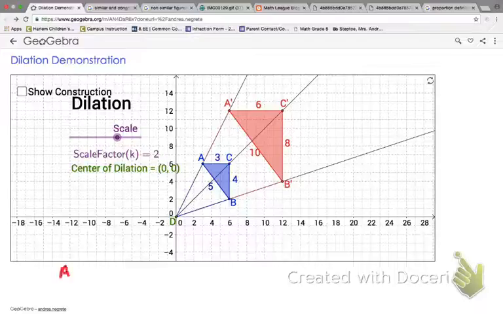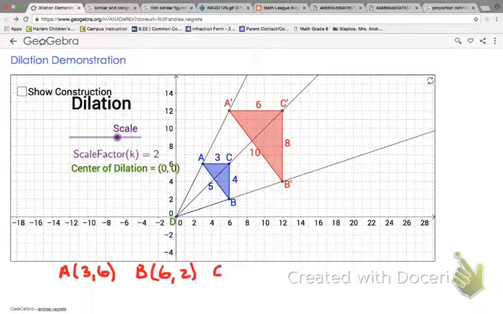So point A on our graph is at 3, 6. Point B is at 6, 2. And point C is at 6, 6. Take a moment to identify where A prime, B prime, and C prime are.